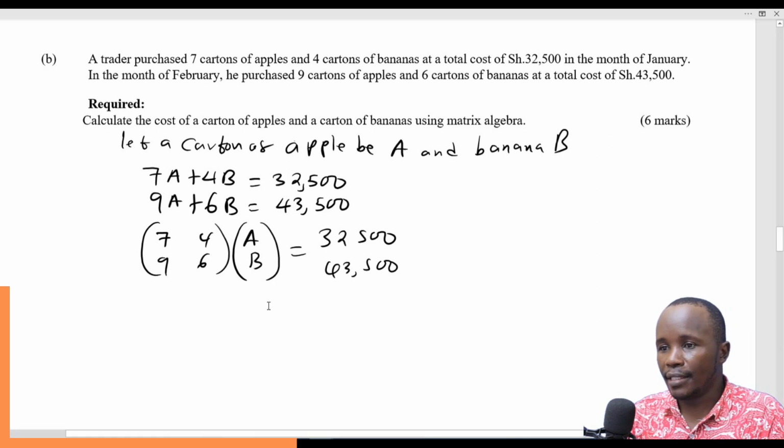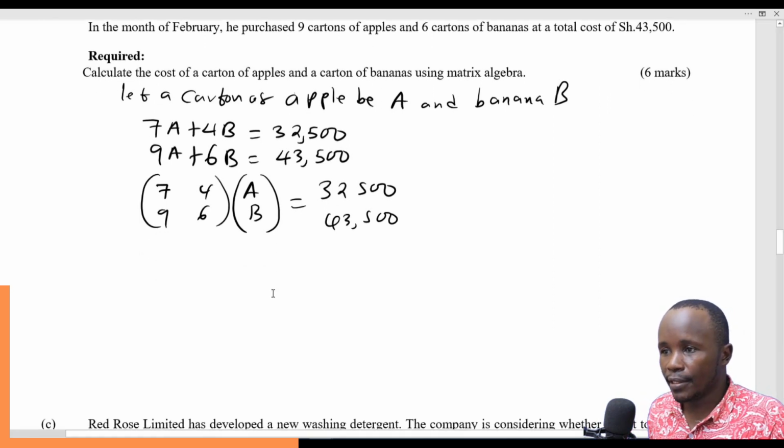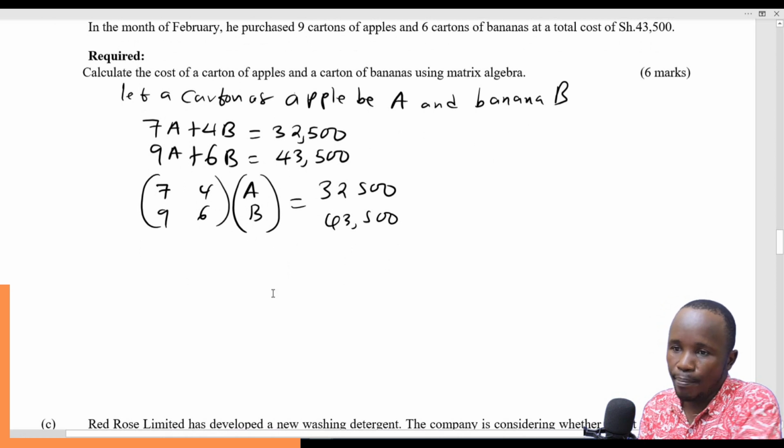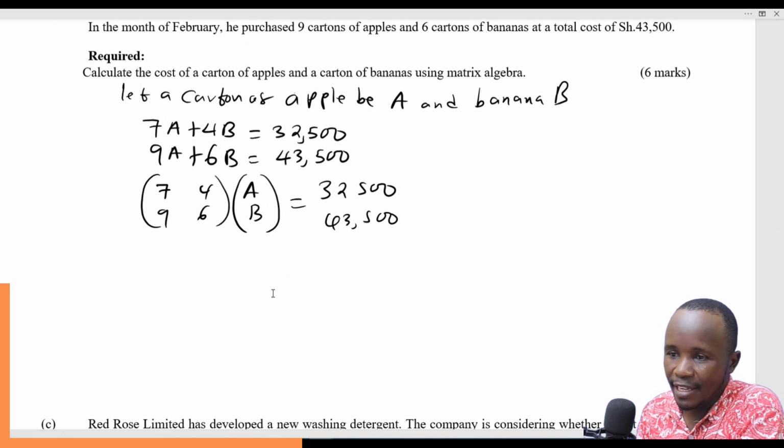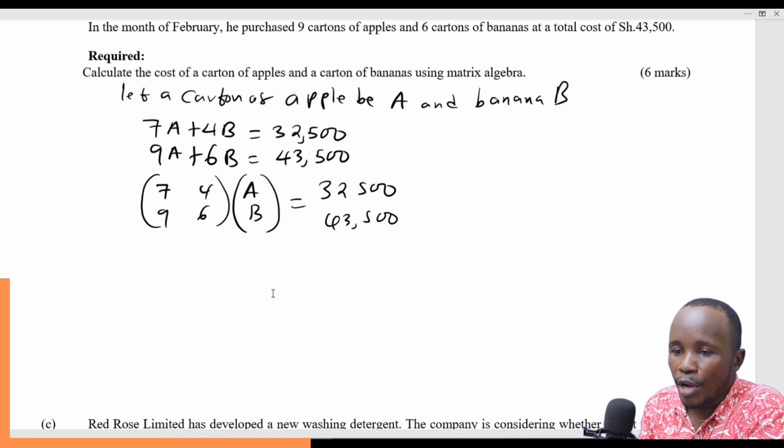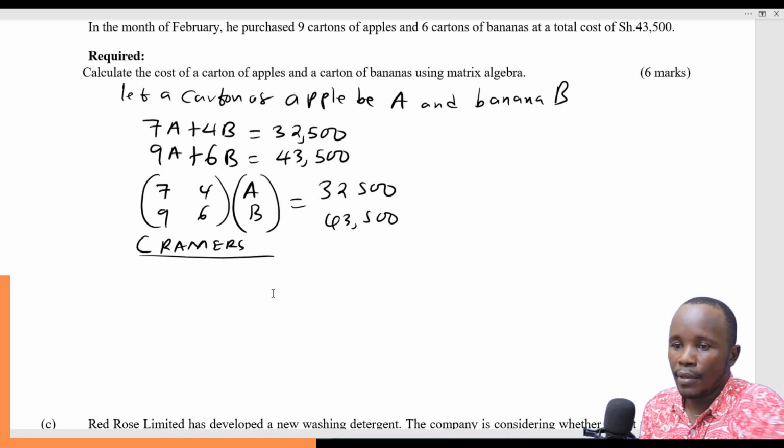Now that you have come up with the matrix, there are several methods you can apply here. You can find the inverse of the matrix, then multiply by the constants so that you can get A, or you can use Cramer's rule. I prefer Cramer's rule because it's faster and more convenient.